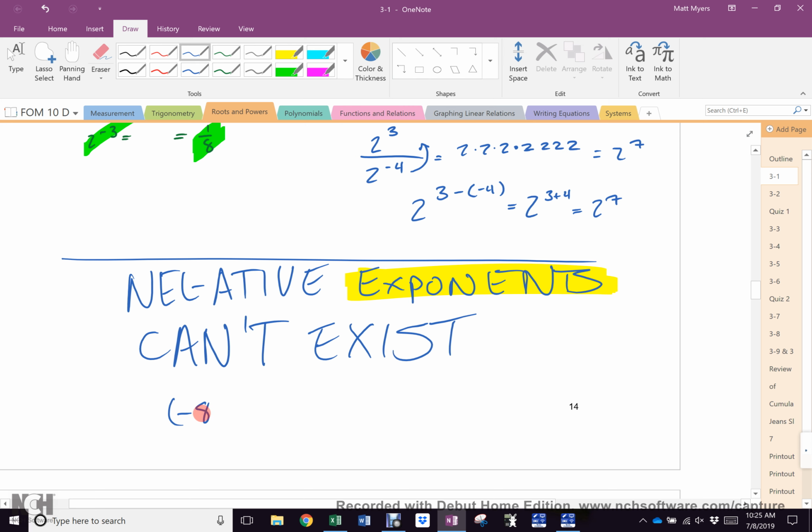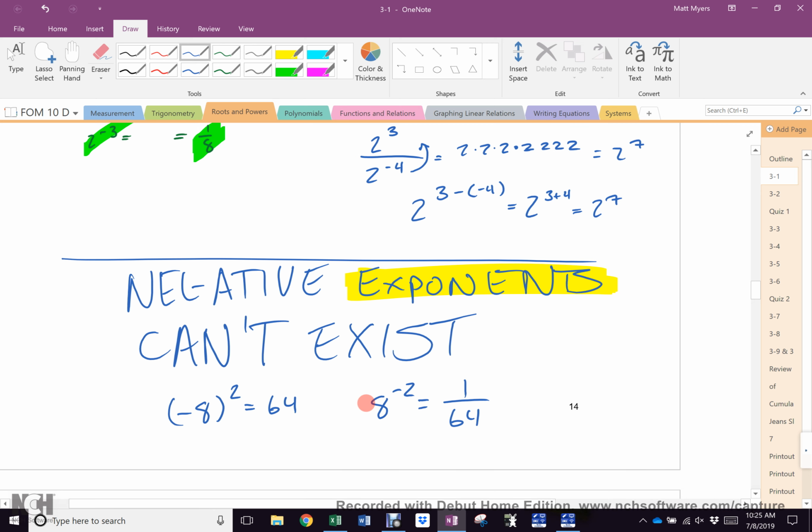Is this okay? Why? Because the base is negative. This is 64. What is this? 1/64. Everybody cool?